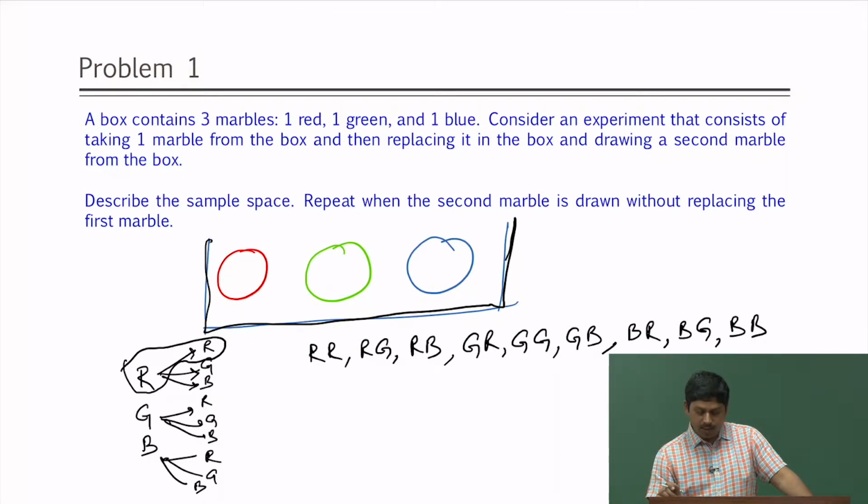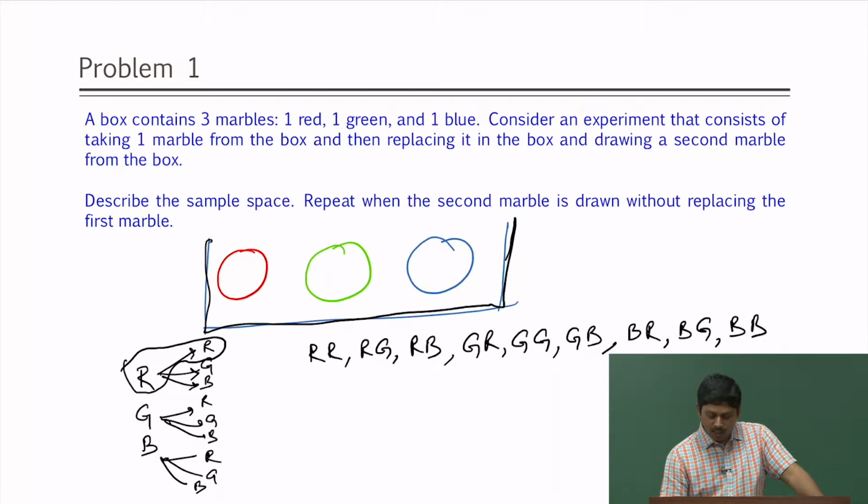Repeat when the second marble is drawn without replacing the first marble. Now, if I do that, I am not going to get the first marble again. If I take the red marble first, second time I can get either a green marble or a blue marble. These are the 2 possibilities in the sample space.